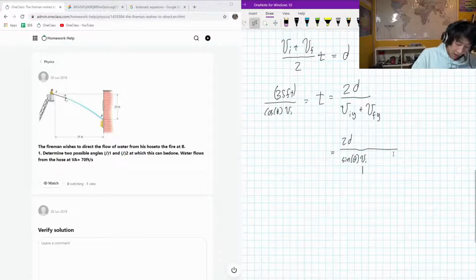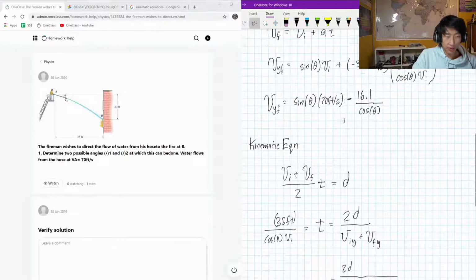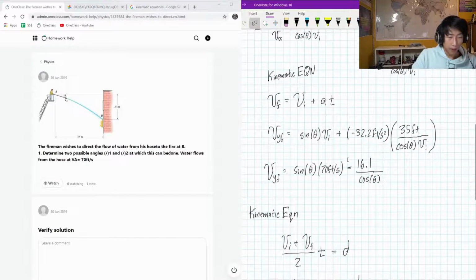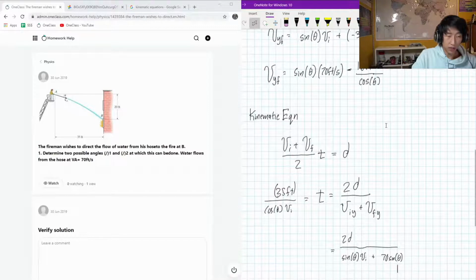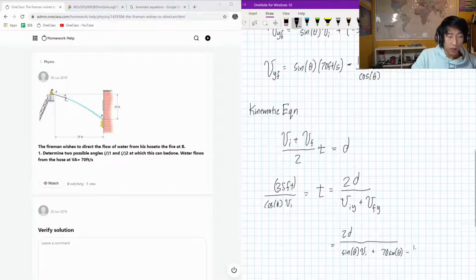Okay, then we have the y component, and we just calculated that here, so that's going to be sine theta times 70. Let's just write 70 sine theta minus 16.1 divided by cos theta.